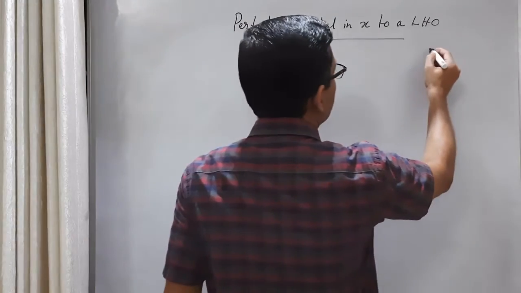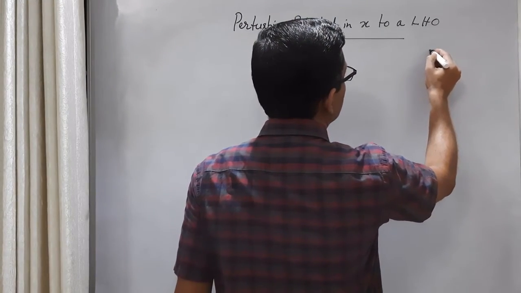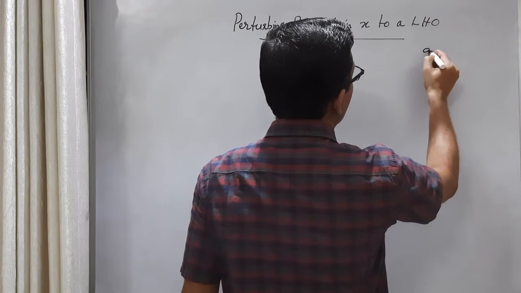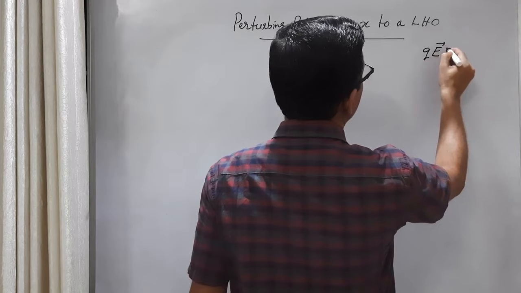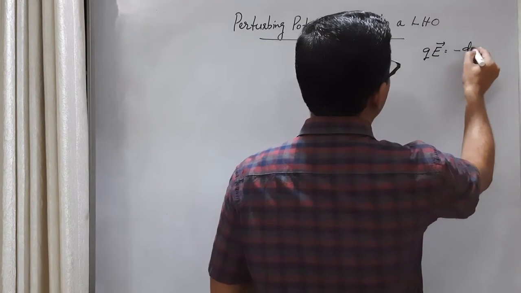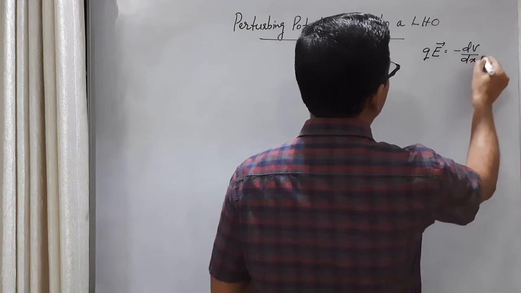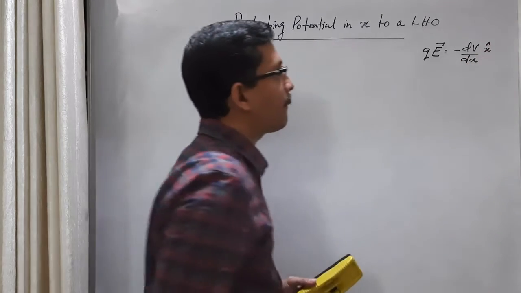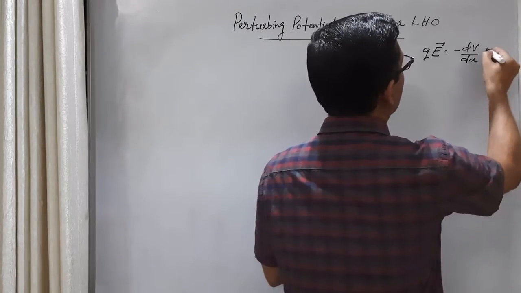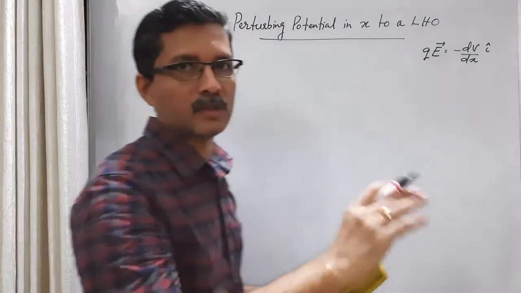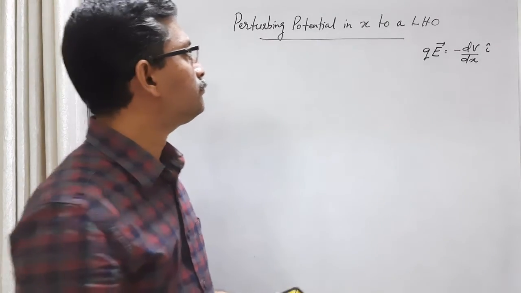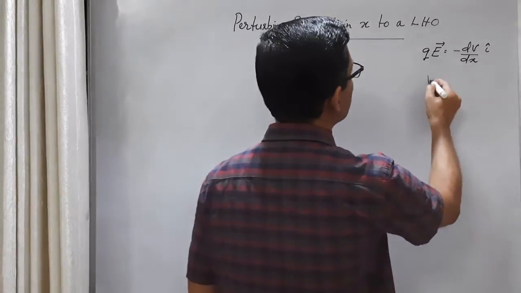We know that the force due to the electric field, qE, is equal to minus dV by dx times i cap, where i cap is the unit vector along the x direction. So what is the potential here?